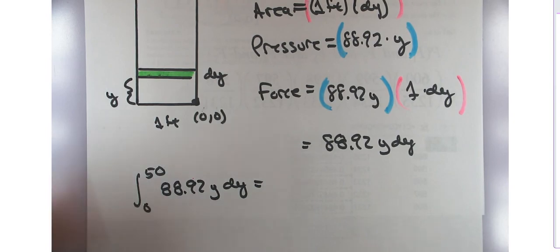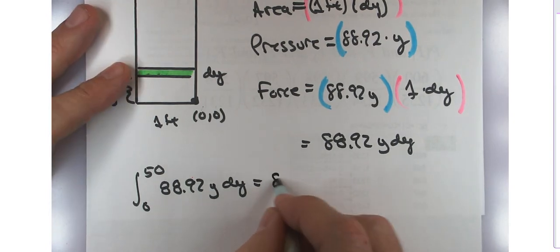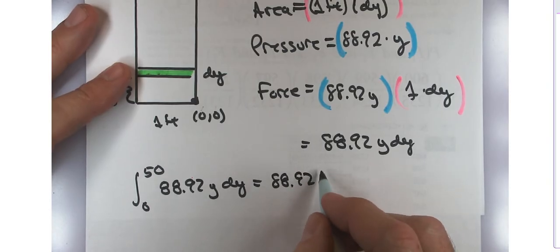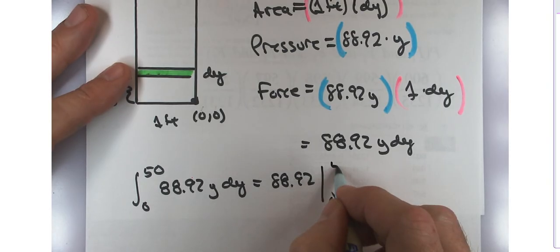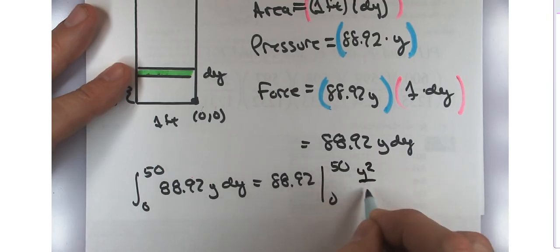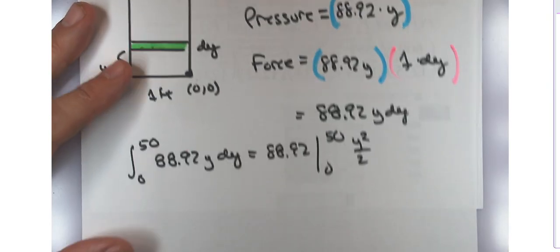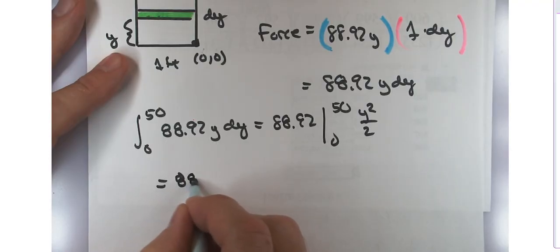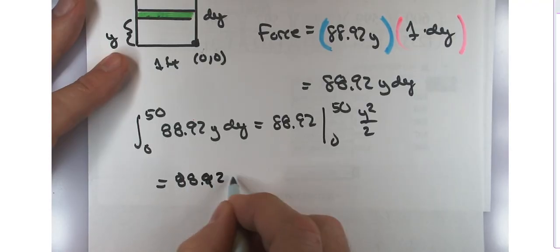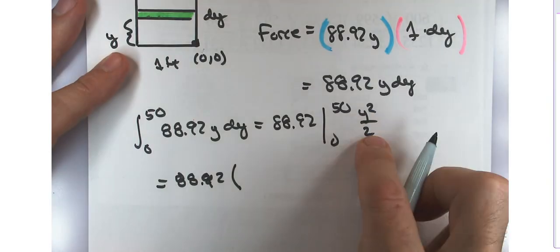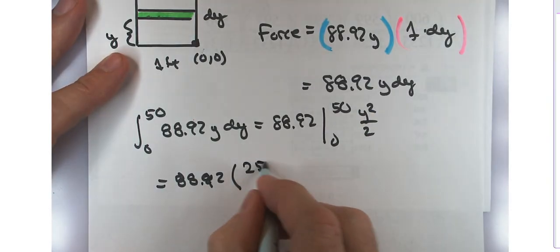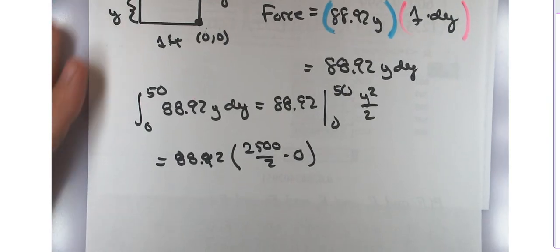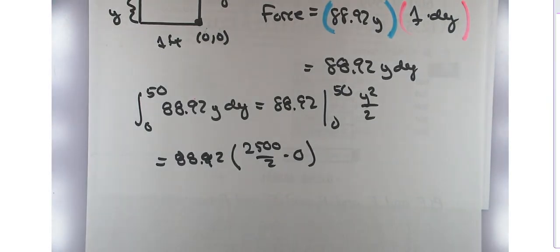And that's not really that bad. I was debating doing fnInt, but that's just going to be 0 to 50 of y squared over 2, which is going to be 88.92 times 2500 over 2 minus 0. So basically 1250 times 88.92.